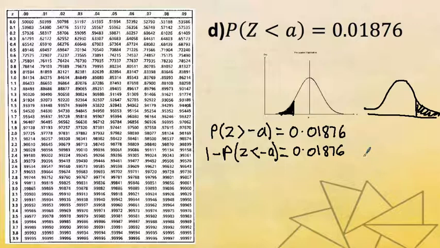0.01876. Going to have to solve this equation like I did a moment ago, so I'm going to add the probability z less than minus a to both sides, and I'm going to subtract 1 from both sides.